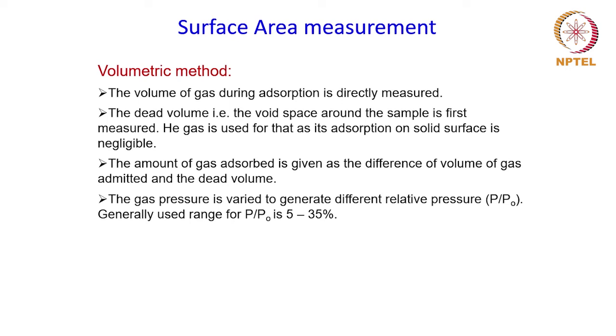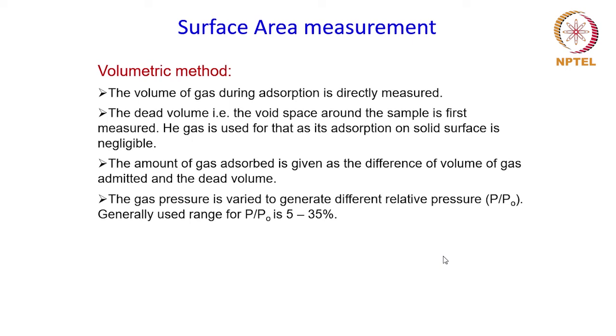So as I said, the amount of gas which is adsorbed is given as the difference of volume of gas which is actually admitted into the sample chamber and the dead volume. Okay. So from this difference, the amount which is actually adsorbed onto the sample surface can be calculated. And in order to generate different relative pressures to plot the isotherm, the pressure can be varied, and in each case the amount of gas that is being adsorbed is calculated by this difference method.